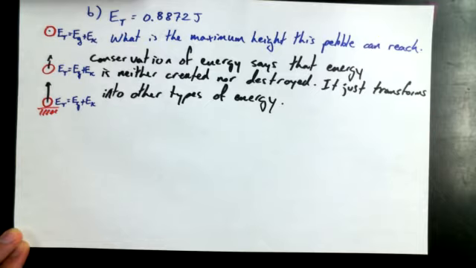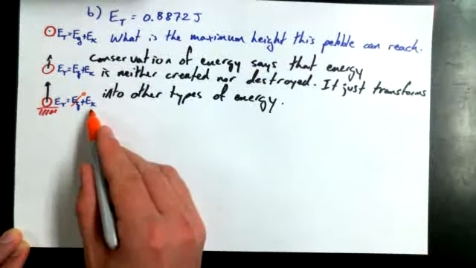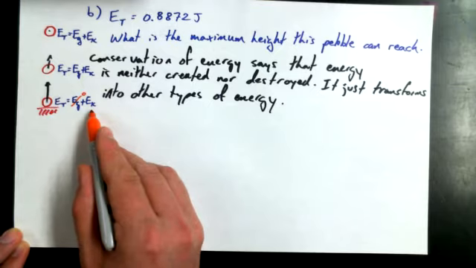At the first time interval, the gravitational potential energy at the ground is equal to what? Zero. So that means the total energy, and we calculated that to be 0.8872 joules, is all wrapped up in kinetic energy at the start.